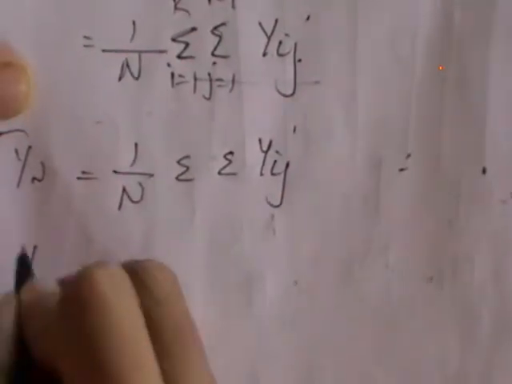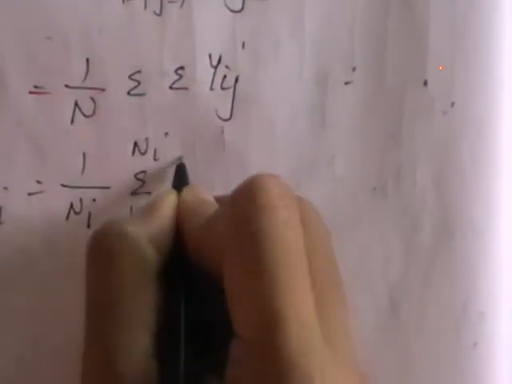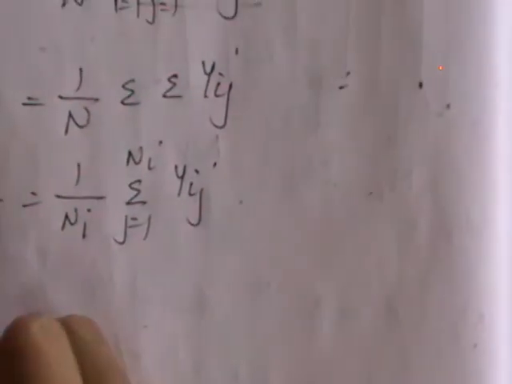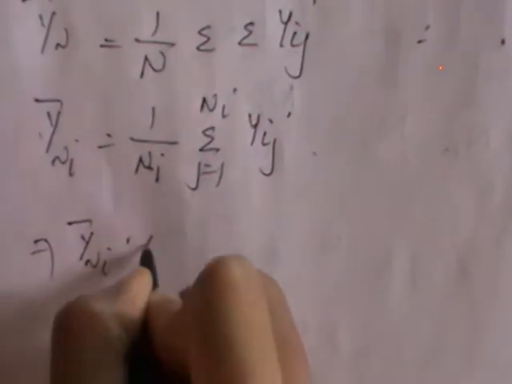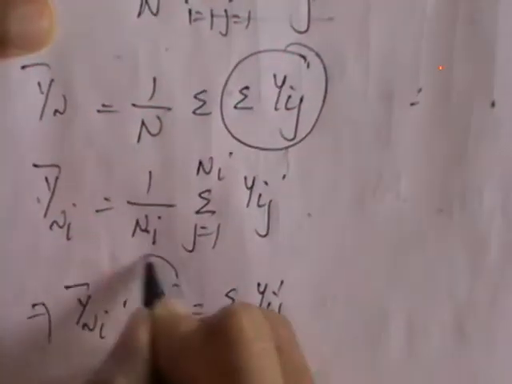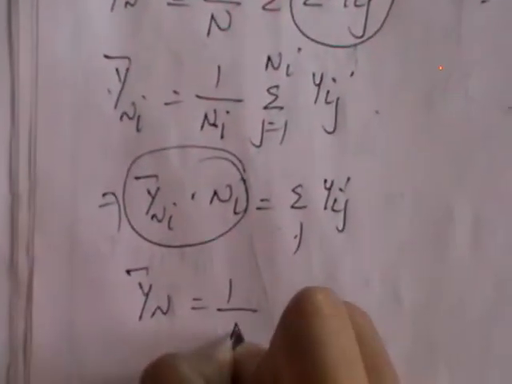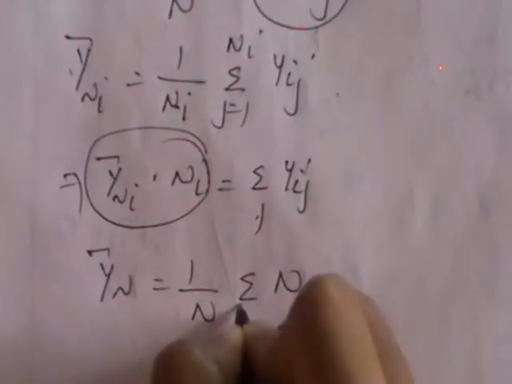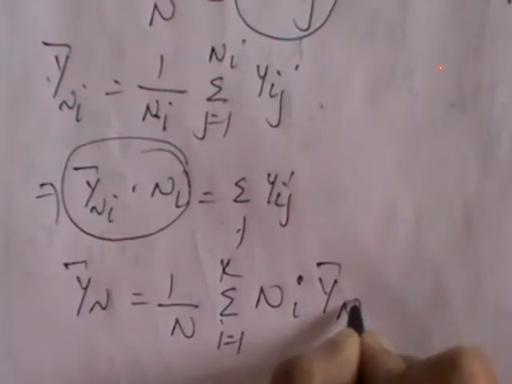What is the formula for Y bar i? Just now we wrote 1 by Ni sigma j equal to 1 to Ni of Yij. If you cross multiply, Y bar i into Ni is equal to sigma Yij. So in this place you can write this value. We can also write Y bar is equal to 1 by N sigma i equal to 1 to k of Ni Y bar i.